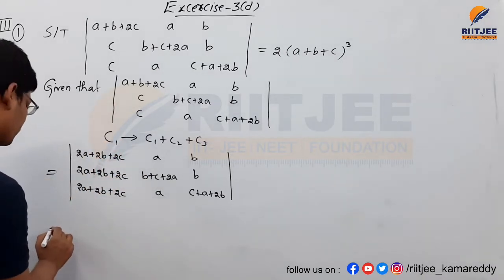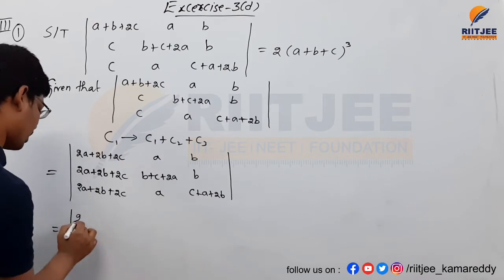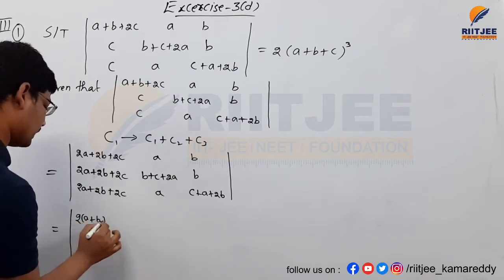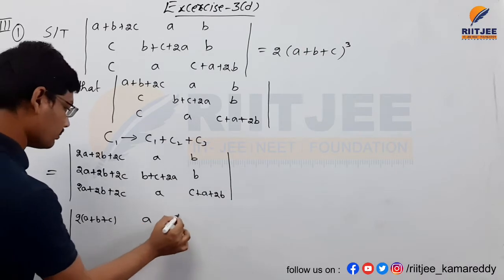In C1 you can write 2 as common: 2 of (a plus b plus c), and a, b.